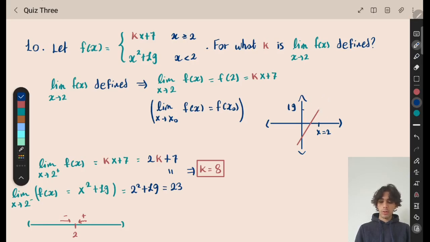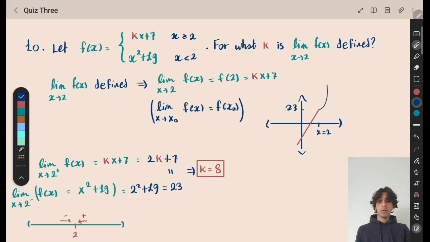Okay, that's not a function. Actually, it's 23, because that's where they meet, both of them. So that is the first part of the function. It's a linear function, and then you have something that looks like that.